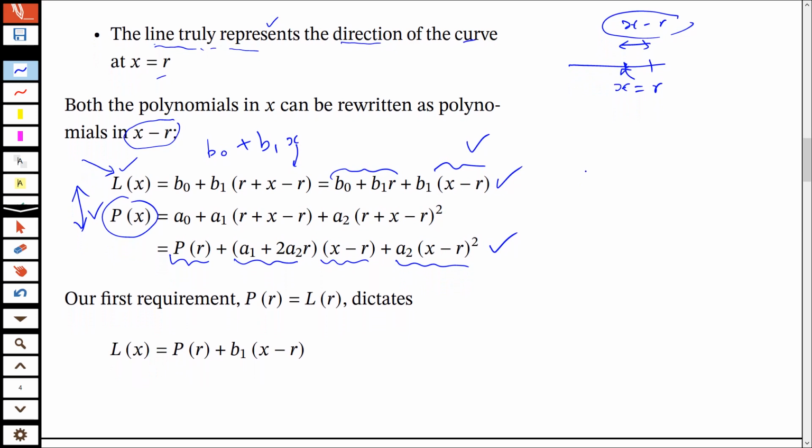We would like to investigate how different these two are. Of course, these two must not have any difference at x equal to r. So if I replace this with r, the polynomial at the chosen point and the linear function at the chosen point must not have any difference. That's the first requirement, that's the first aspect.